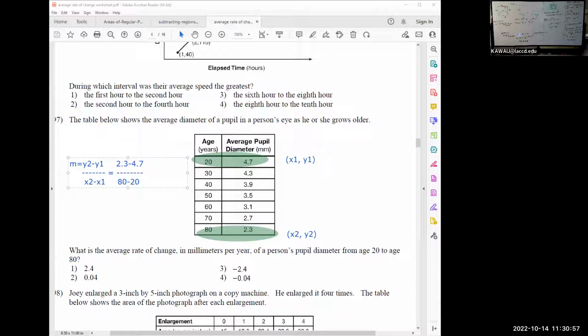No, 2.3. What is 2.3? Oh, down here. Okay, got it. Thank you. You got it? Okay. So this should be equal to negative 0.04. The trick on this one is that they're trying to freak you out by giving you a whole bunch of numbers that you're ignoring.